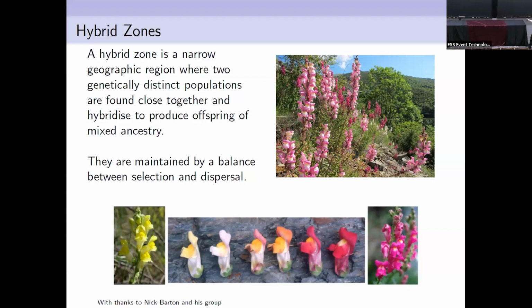In the UK, we call these snapdragons, but these are antirrhinum growing in the wild. This is where they grow. This is the Pyrenees between France and Spain. And my friend Nick Barton, who's an evolutionary geneticist at IST Austria, has the enviable task of going out to the Pyrenees every summer and picking flowers. When I first met him, he was working on grasshoppers, but they moved too quickly. Now he's a bit older.